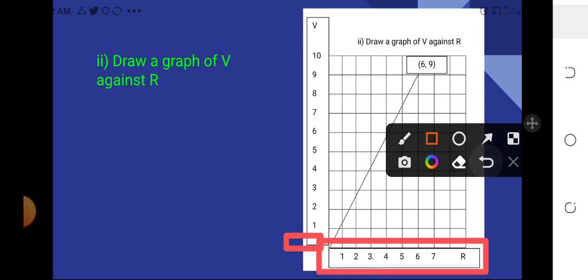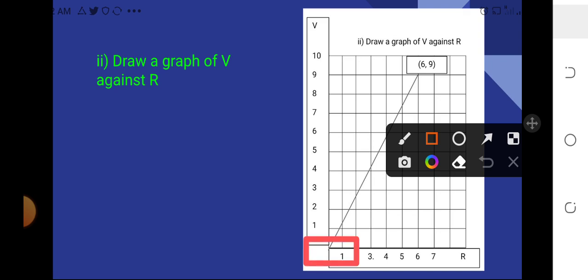Then we just drew a line starting from this point here, where both the axes meet, and ended where both values cut each other, at 6 and at 9.